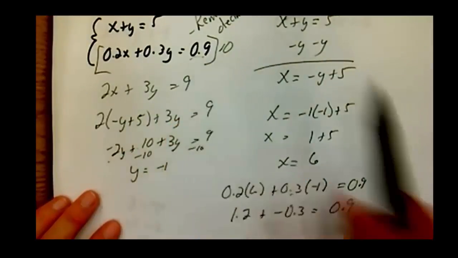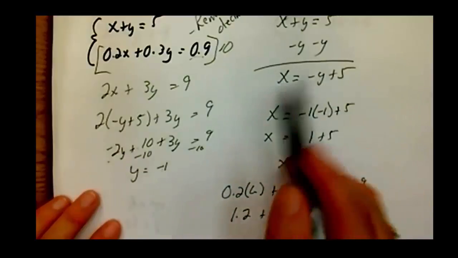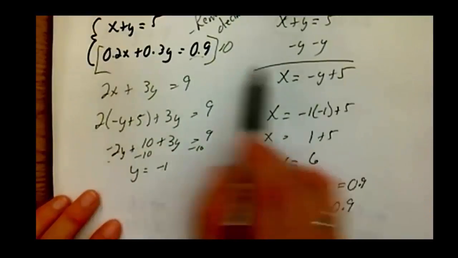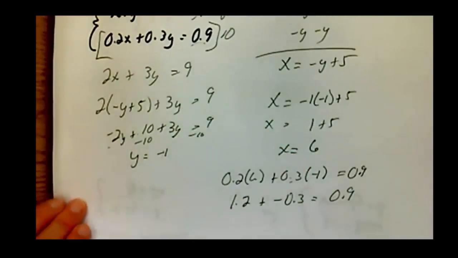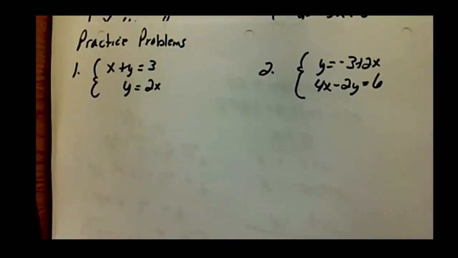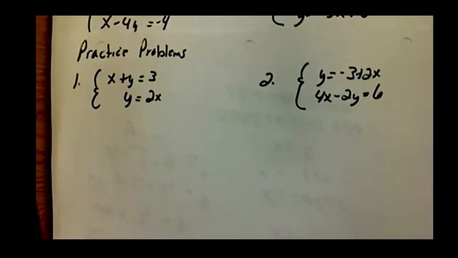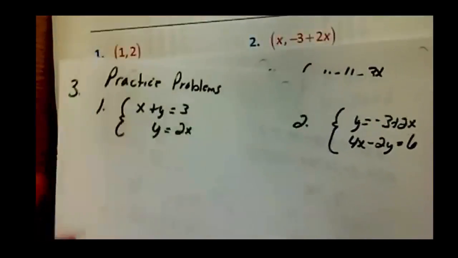You would still plug in your negative y plus 5 in here, and it would still end up working out correctly. But you just got to keep your decimals in place. The others in here are practice ones, and I'll go through and work those out within the notes.